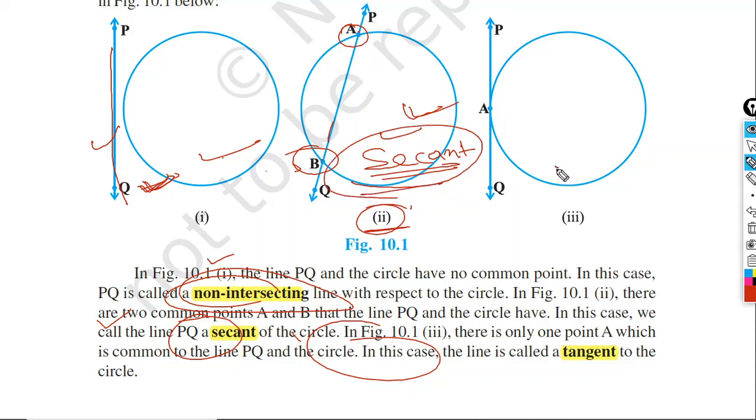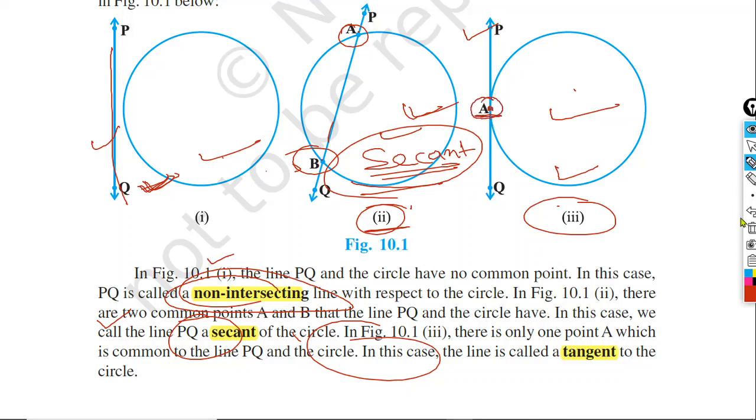Now we will move to another figure, the third figure. Here you can see there is a circle and again there is a line. In this case this line is intersecting this circle, but in how many points? At only one point. The point is A, suppose.